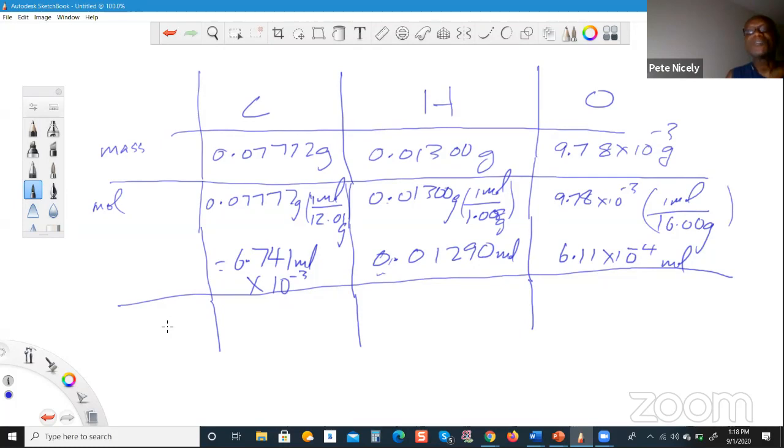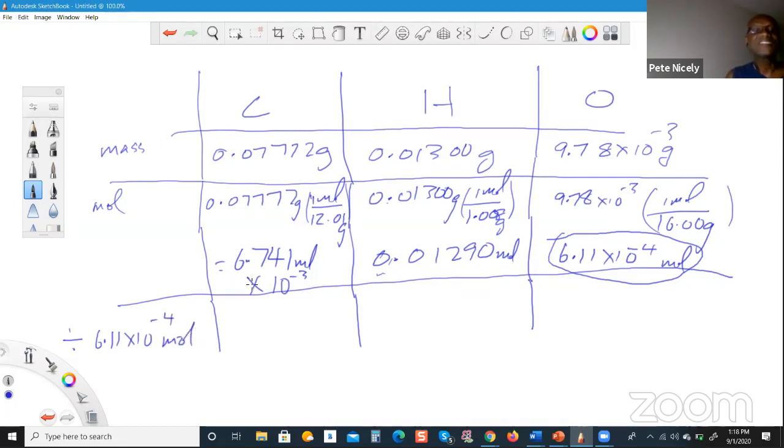Okay, so as I was saying, we need to determine which of these would be the lowest in value, which would be this one right here. So we divide everything in this row by 6.11 times 10 to the minus 4 moles, right?